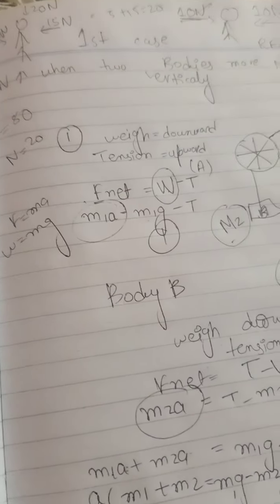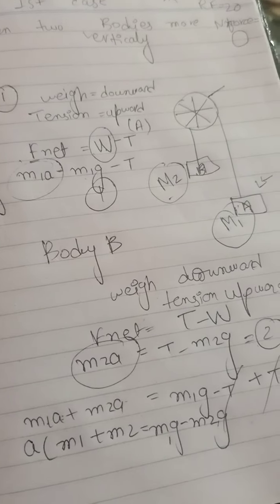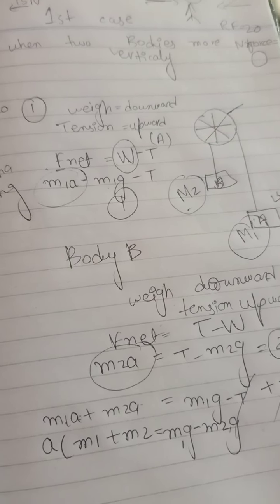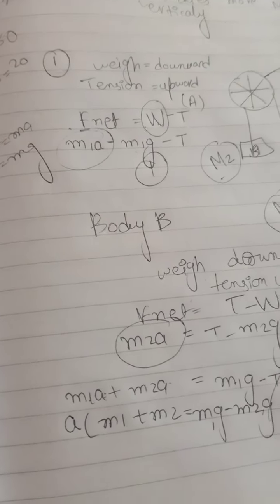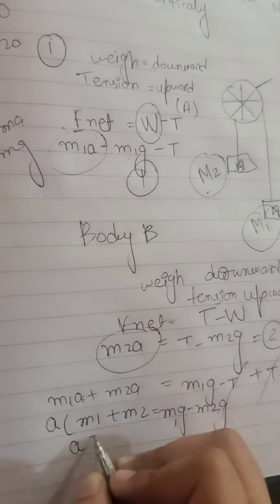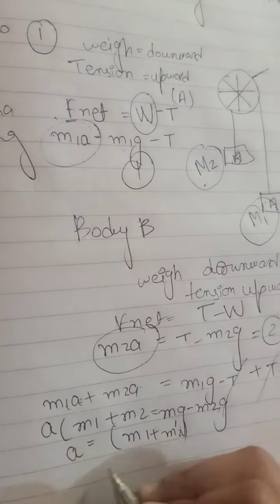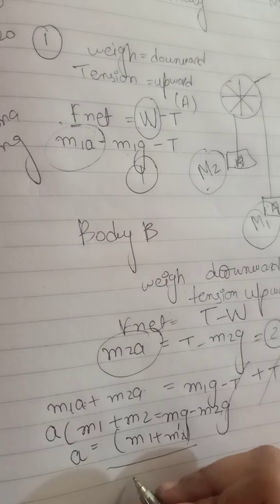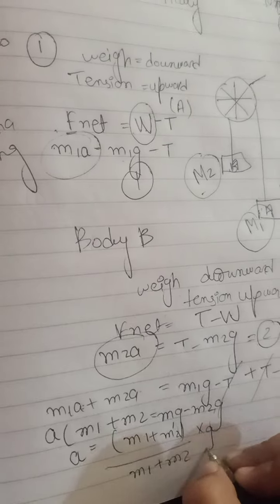So here we have to find the acceleration. The acceleration is equal to m1 minus m2 upon m1 plus m2, multiplied by g.